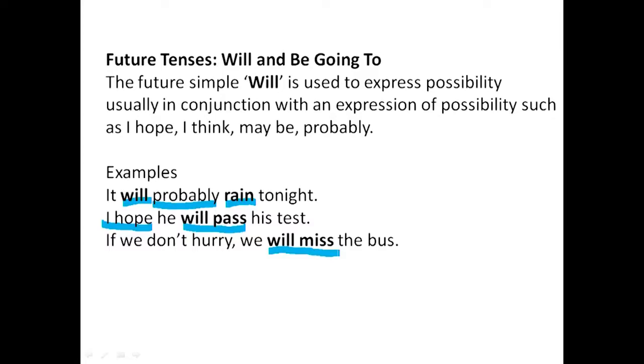But again, we use will to talk about offer, a promise, and instant decision. When you want to offer somebody something, or when somebody asks you something and you reply instantly, we call it instant decision, or promise.